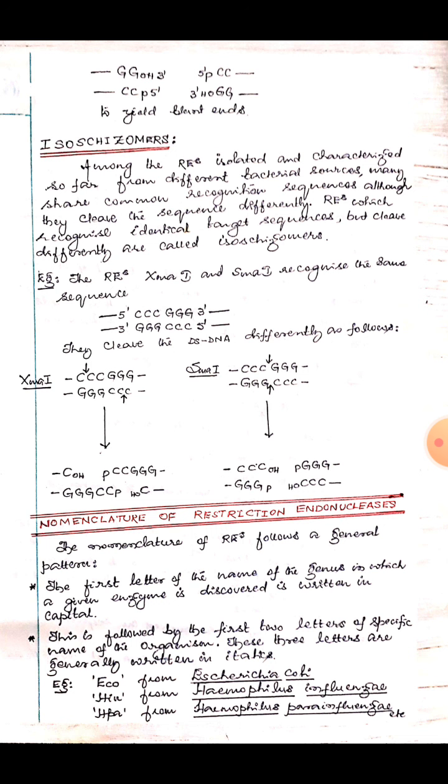ECO, E stands for first letter of generic name, CO stands for first two alphabets of specific name. So ECO is extracted from Escherichia coli. HIN is extracted from Haemophilus influenzae. HPA is extracted from Haemophilus parainfluenzae, like this. So these are the two principles, and the rest of it we shall know.